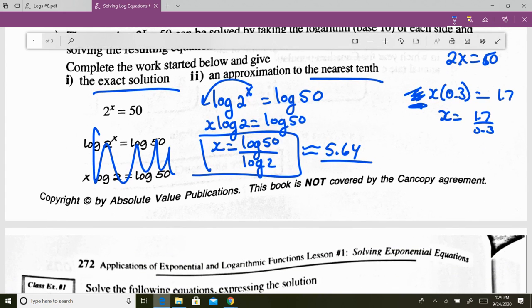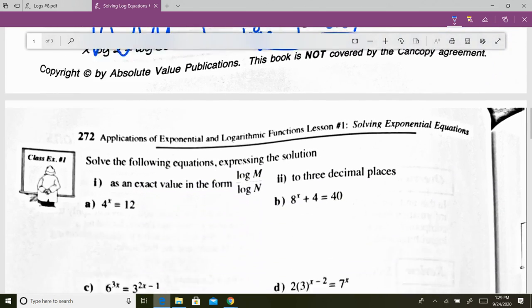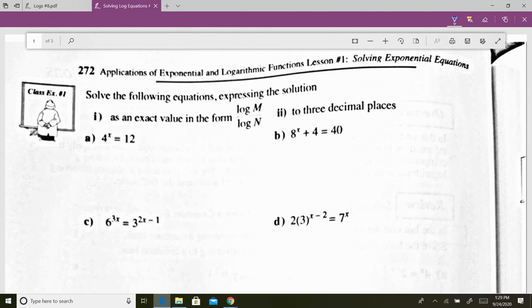All right. I'm going to move to the next page. We've done the first one. Well, we just did one exactly like that. Let's do B. Let's have a look at B here. 8 to the power of x plus 4 is equal to 40.